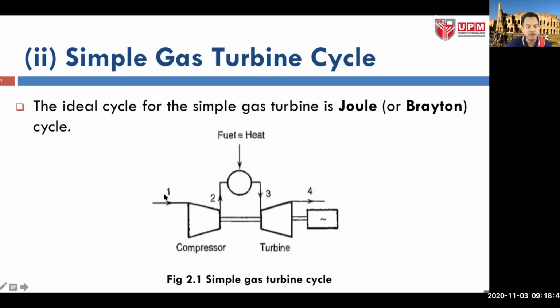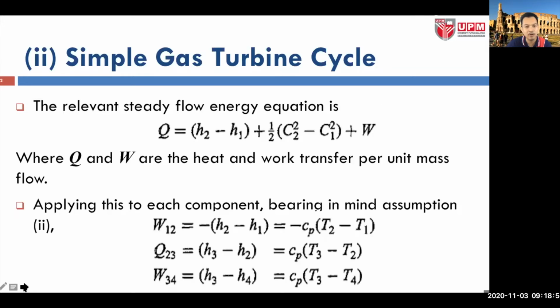So you have compressor inlet, compressor outlet, turbine inlet and turbine outlet, so that you can remember what it is all about. We can apply the steady flow energy equation at the compressor, at the combustion chamber, and at the turbine.